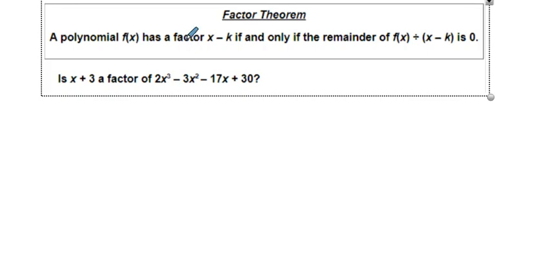The factor theorem basically says a polynomial f of x has a factor x minus k, where k could be anything, if and only if the remainder when you divide f of x by x minus k is 0. In other words, look at that little box at the end of the synthetic division.